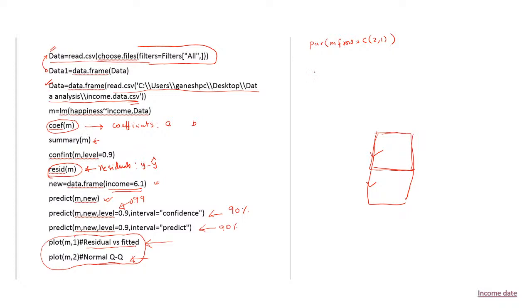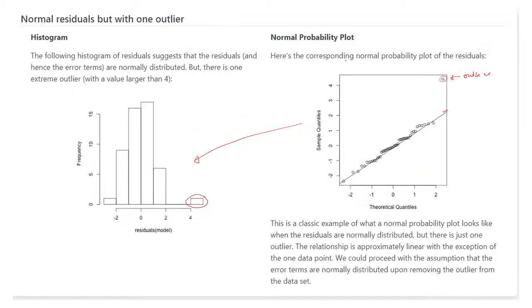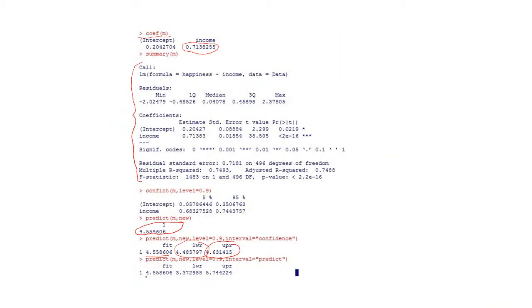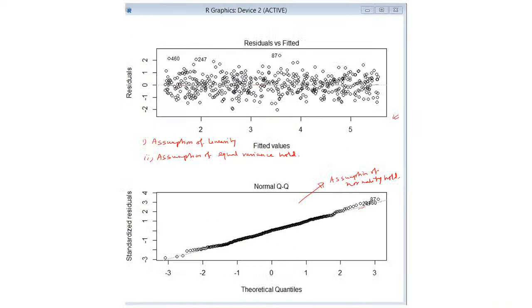Then just write this command plot n comma 1, plot n comma 2, then you get this, okay.